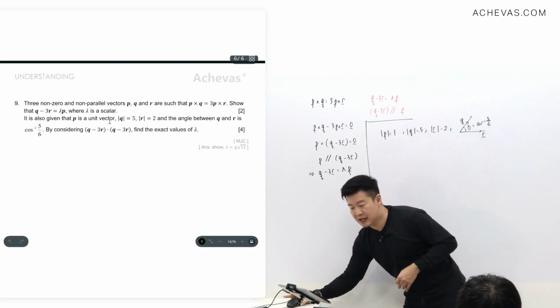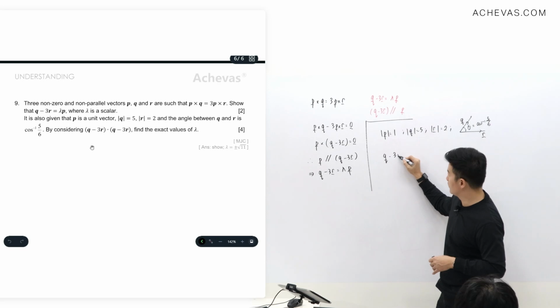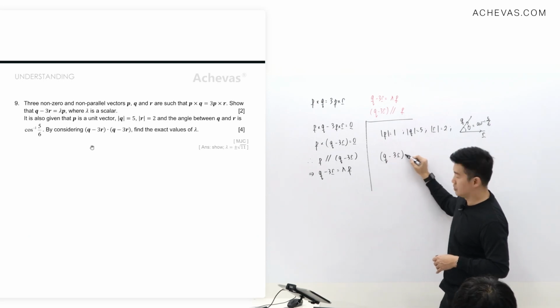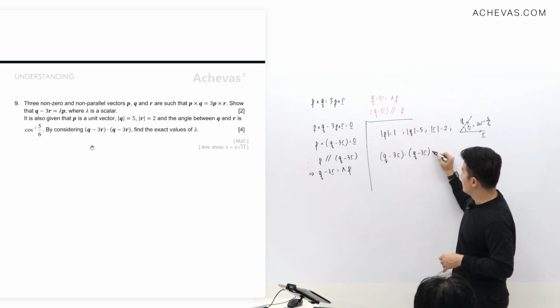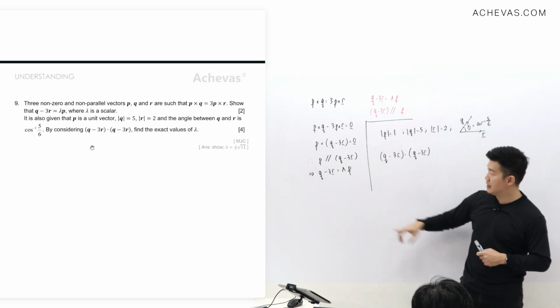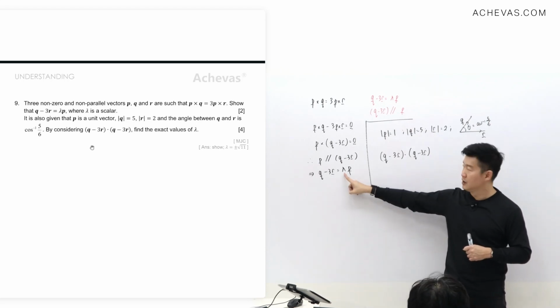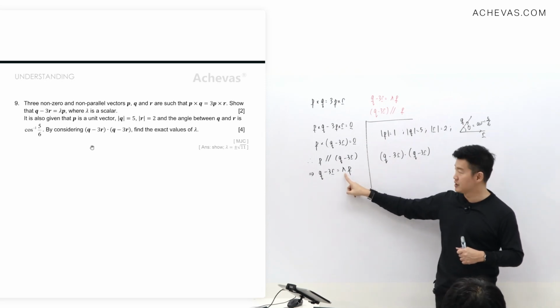The question went on to say, by considering Q minus 3R dot Q minus 3R, we are supposed to find the exact value of lambda here. From Q minus 3R dot Q minus 3R, we are supposed to come up with this lambda P.